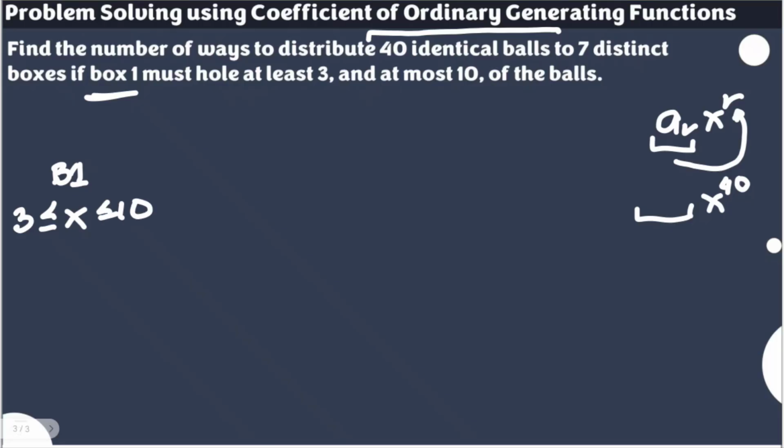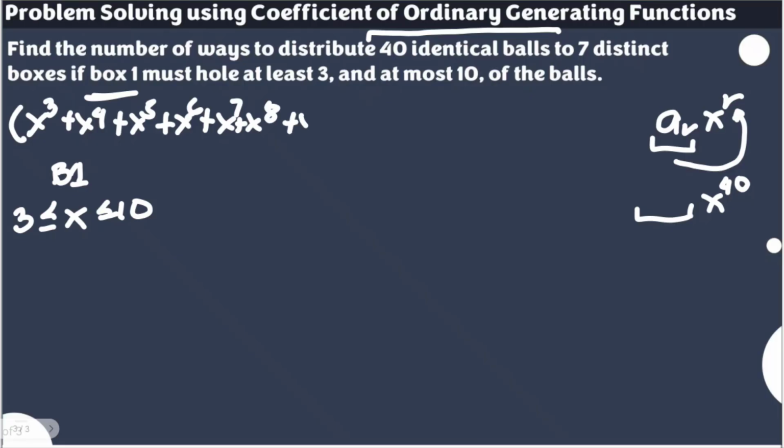That would mean its generating function will remove the possibility of selecting 1, 2, even none, and 11 up. That would mean its generating function should be identified as x cubed plus x to the power of 4 plus x to the power of 5 plus x to the power of 6 plus x to the power of 7 plus x to the power of 8, 9 until 10 only. That's for our box 1.